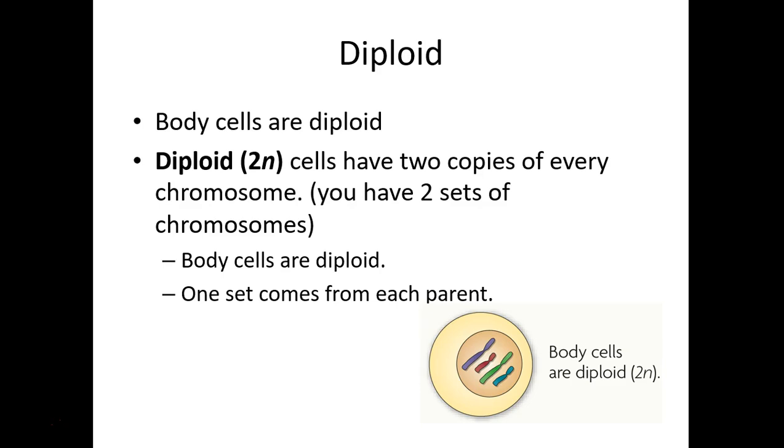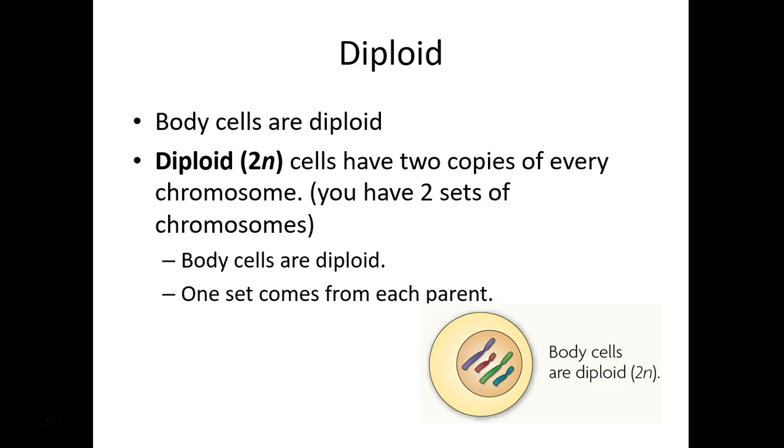All body cells are diploid, and diploid means that you have two copies of every chromosome, so the full 46 chromosomes if we are talking about a human cell. Not all organisms have the same amount of chromosomes, but in most cases the body cells or the somatic cells are diploid.